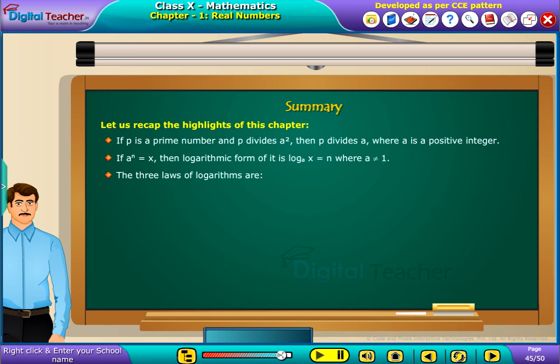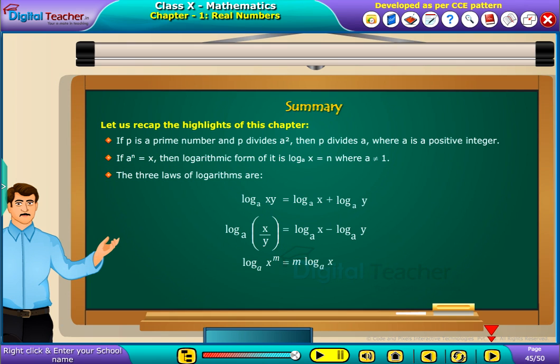The three laws of logarithms are: log xy to the base a is equal to log x to the base a plus log y to the base a. Log x by y to the base a is equal to log x to the base a minus log y to the base a. Log x power m to the base a is equal to m log x to the base a.